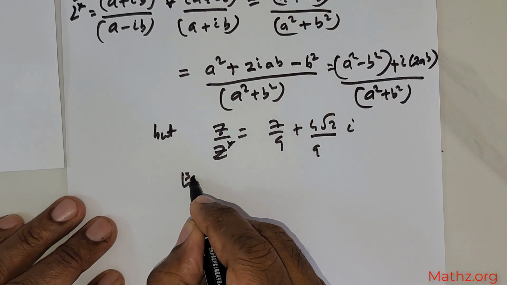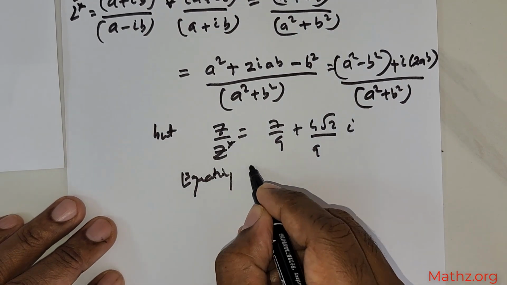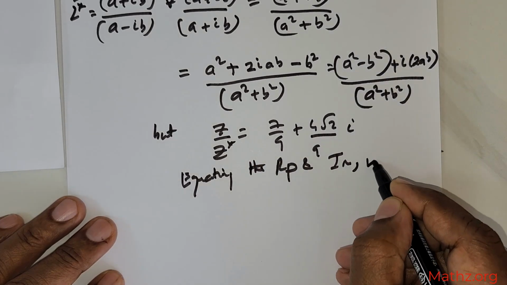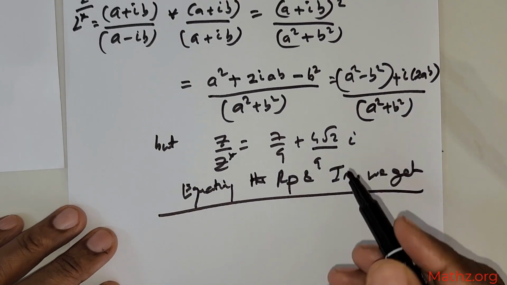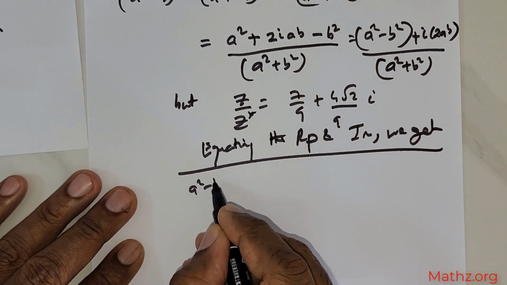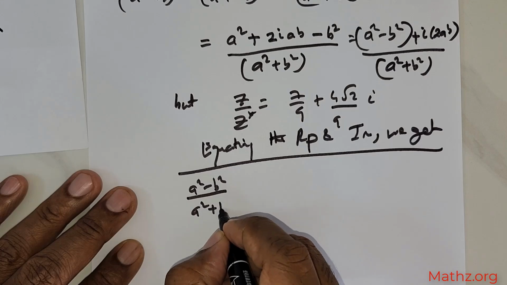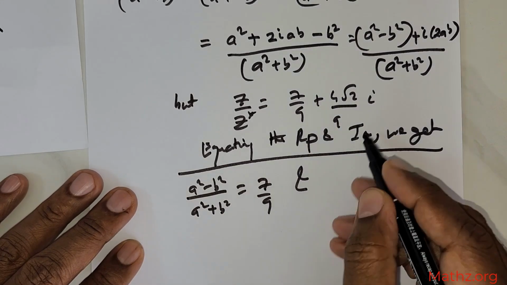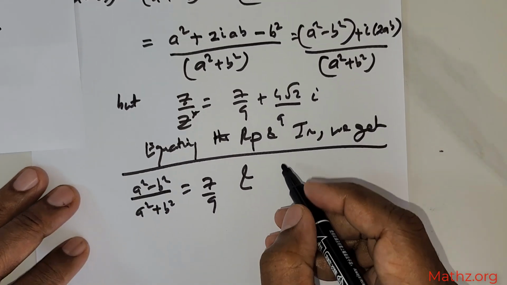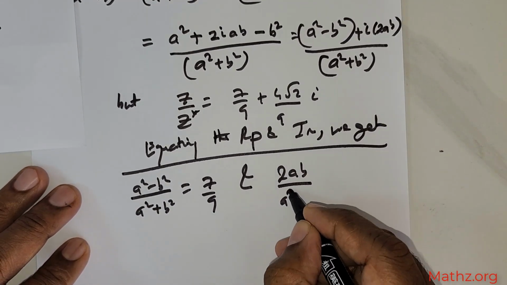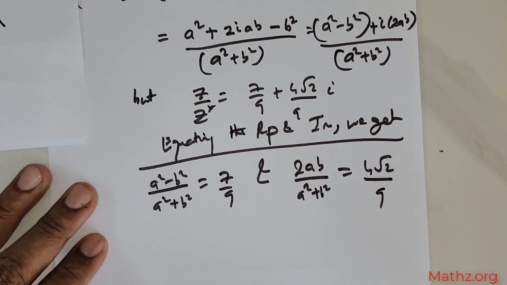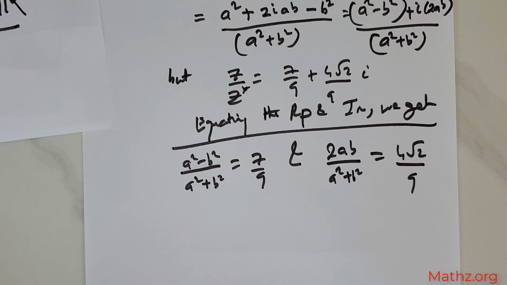So equating the real part and imaginary part, we get (a squared - b squared) divided by (a squared + b squared) is equal to 7/9, and for the imaginary part, 2ab divided by (a squared + b squared) is 4√2 divided by 9. So that is looking good.